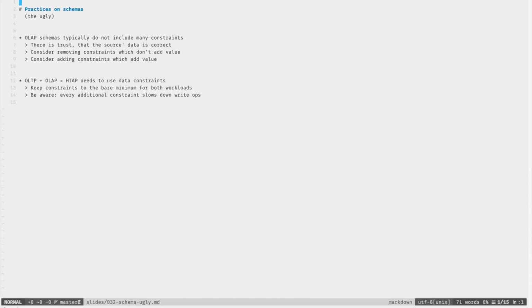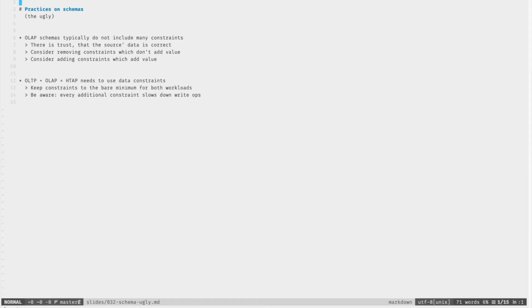That could also be, by the way, foreign keys, right? I had a talk with somebody who told me when it came to implementation details, forget about foreign keys for now, focus on primary keys, unique keys, fully enough, right? Especially for OLAP when, again, you have a trusted source.